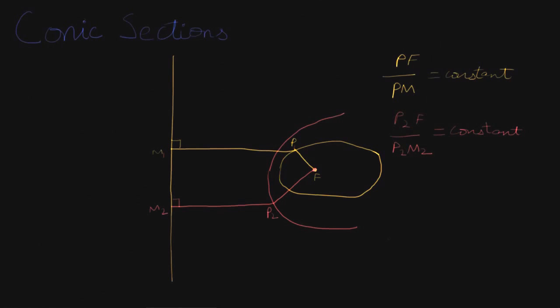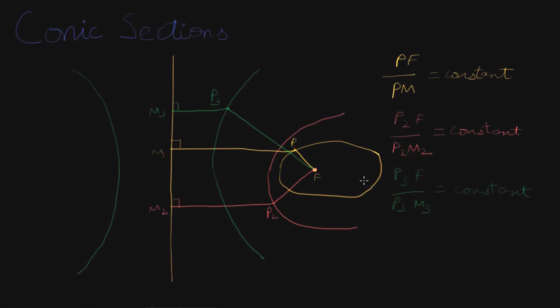And let me take a different color for the hyperbola. Another curve on the opposite side, and this is a hyperbola. Now I'll draw another line to the hyperbola and call it P3, and a right angle onto the directrix, and this is M3, and then I'll find that P3F by P3M3 is another constant.